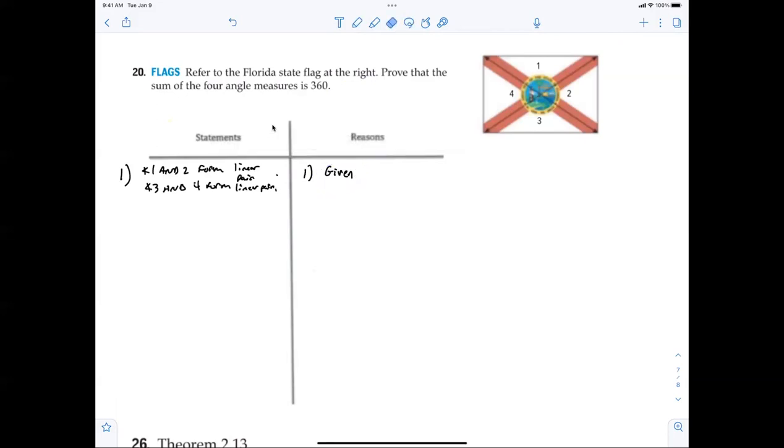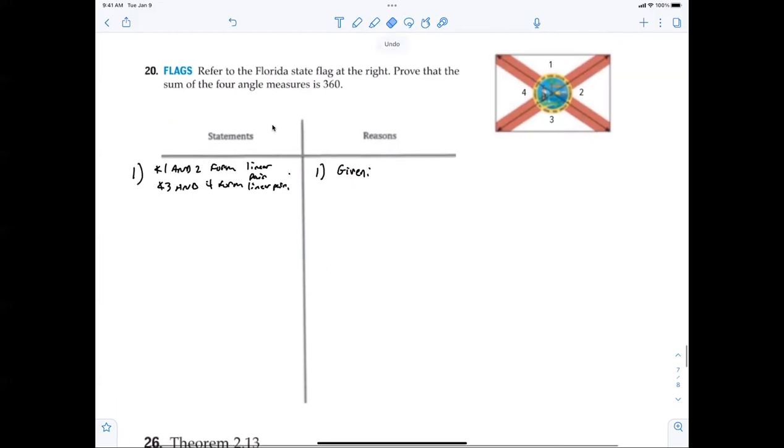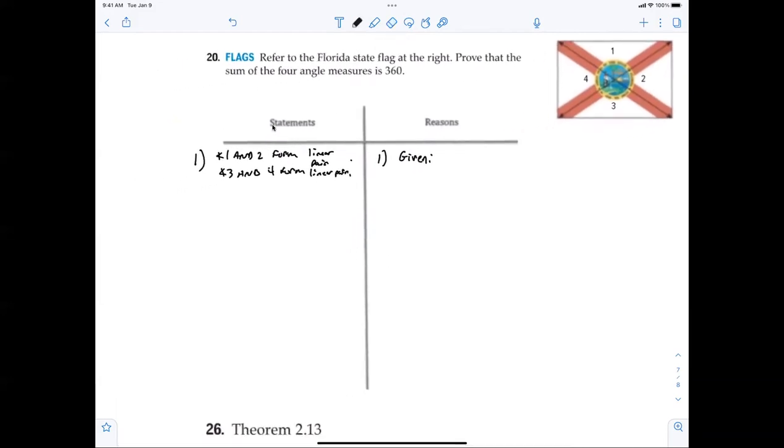All right, help me out. All right, Tanner, I'll let you go. What do we got, buddy? I want you to tell me what step 2 is. Step 2 is linear pair. Yeah, linear pair. But what does that tell me? It tells you that angle 1 plus angle 2 equals 180.